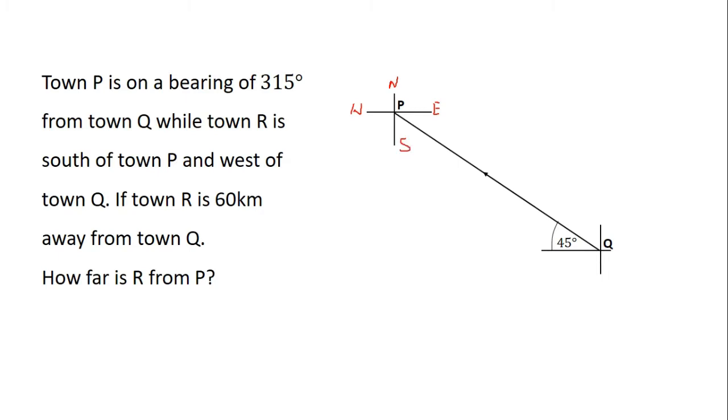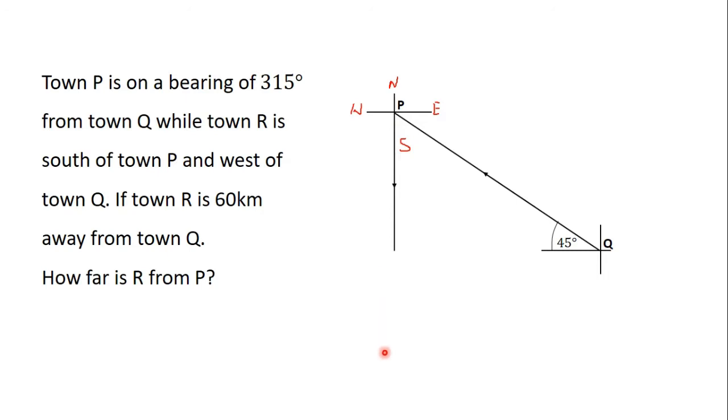The question says that town R is south of town P. So town R can be found at the southern part of town P. From town P, if you want to move to town R, you have to move south. So town R is in this direction. We don't know the exact place, but we know that town R is south of town P. So town R can be anywhere on this line.